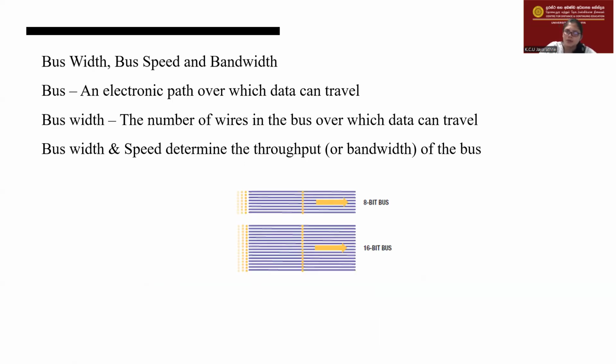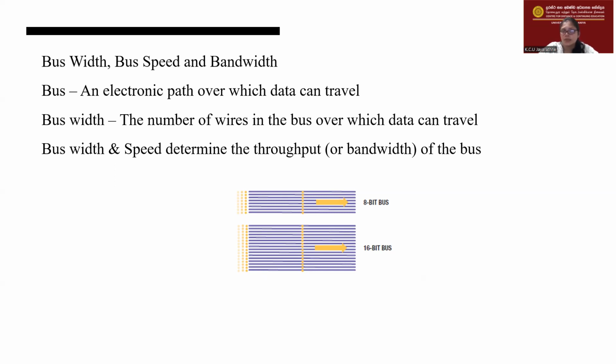What is this bus speed and bandwidth? A bus is an electronic path over which data can travel.